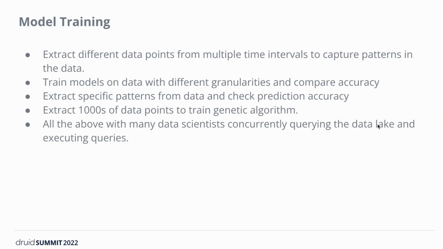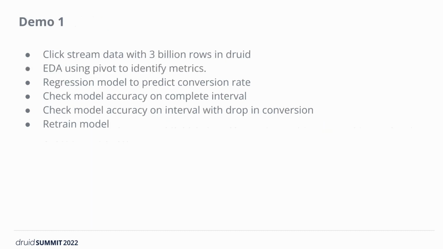And test it for. And the most important thing is to imagine doing all of this, often with a team of maybe 100 data scientists concurrently extracting data for different time periods, different granularities, different statistics, different aggregates. Some may be doing exploratory data analytics, and some may be focusing on model training and so on.